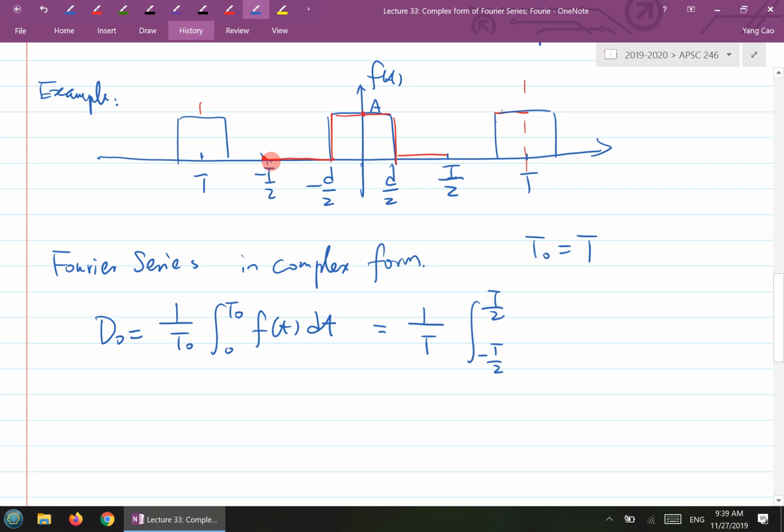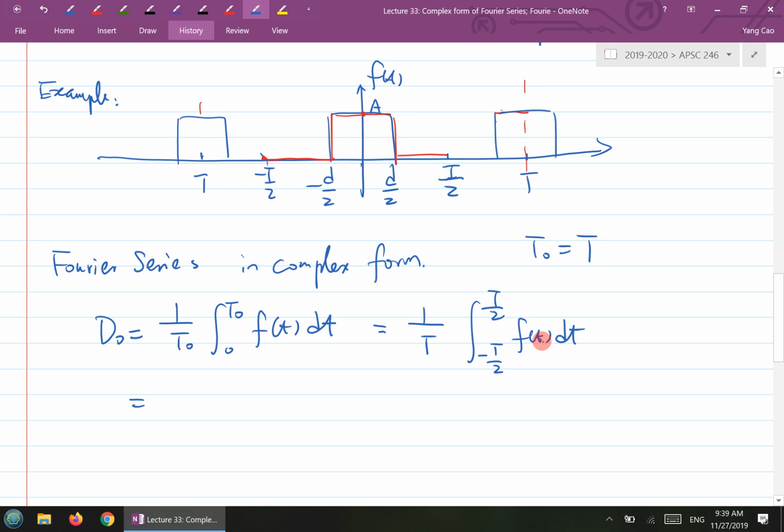But it's a little easier to integrate from here to here, because I know for sure I only need to integrate from negative d over 2 to positive d over 2, because that's where f of t has a non-zero value.